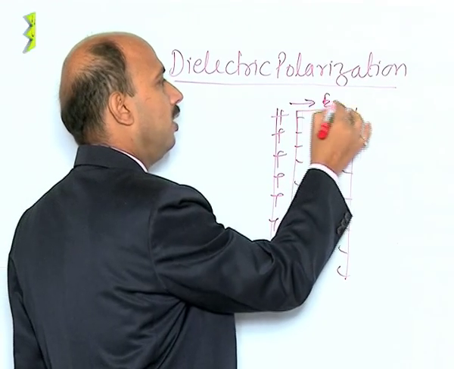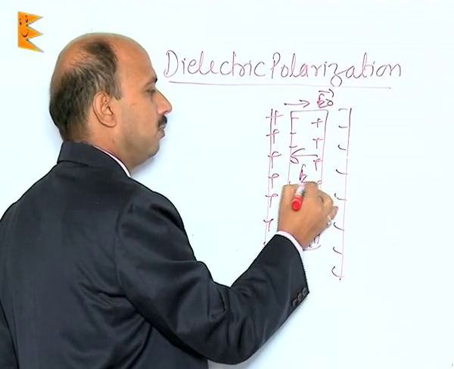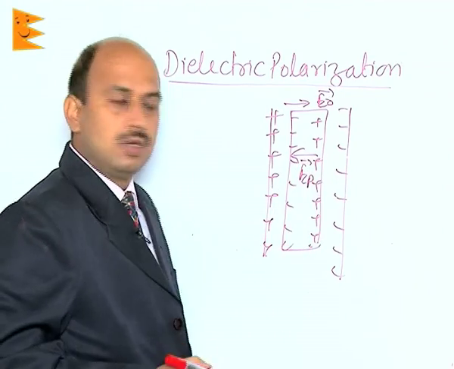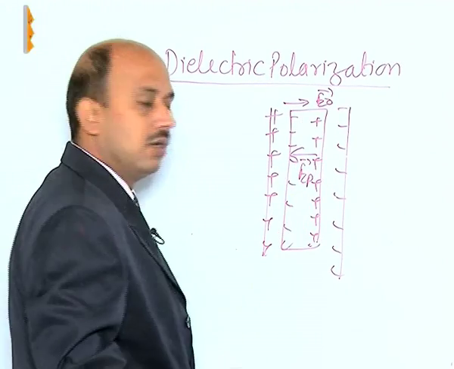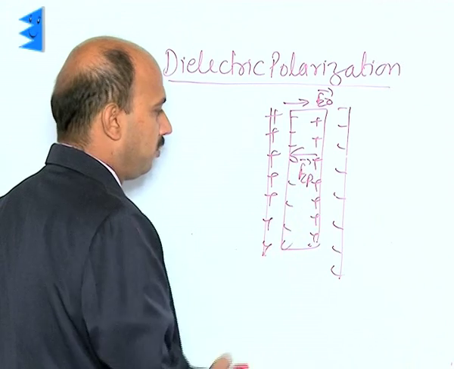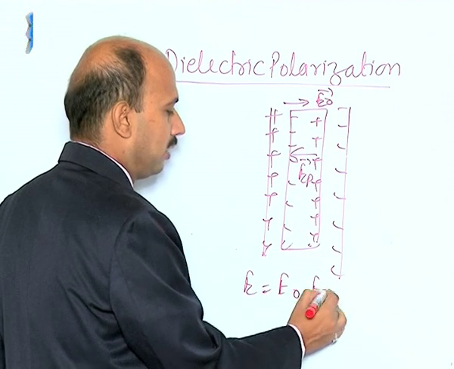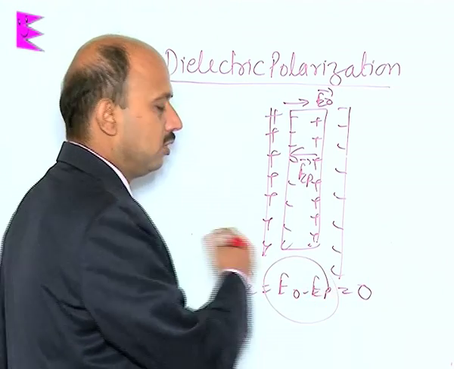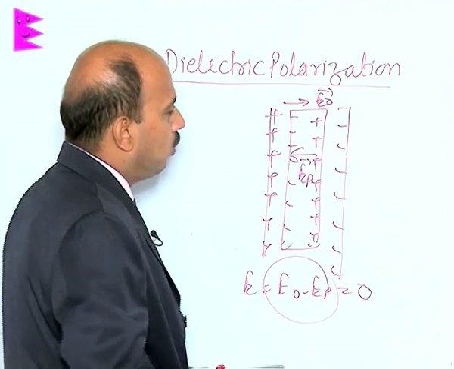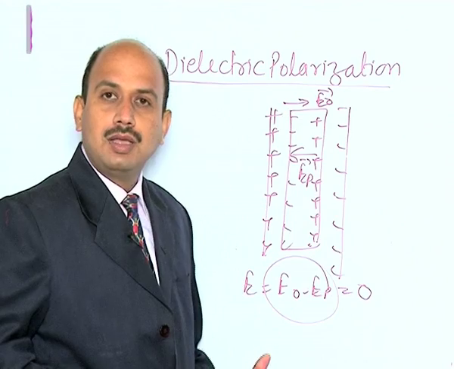So E naught is here and EP is here. As E naught is equal to EP, the movement of the charges stops. So the net electric field inside the conductor is E naught minus EP, which is equal to 0, because these two are equal. This is the case of the conducting plate.